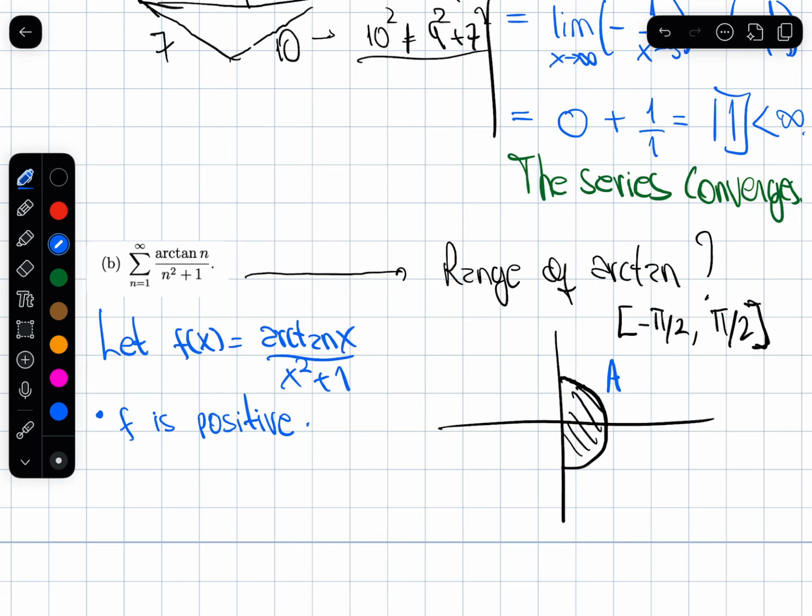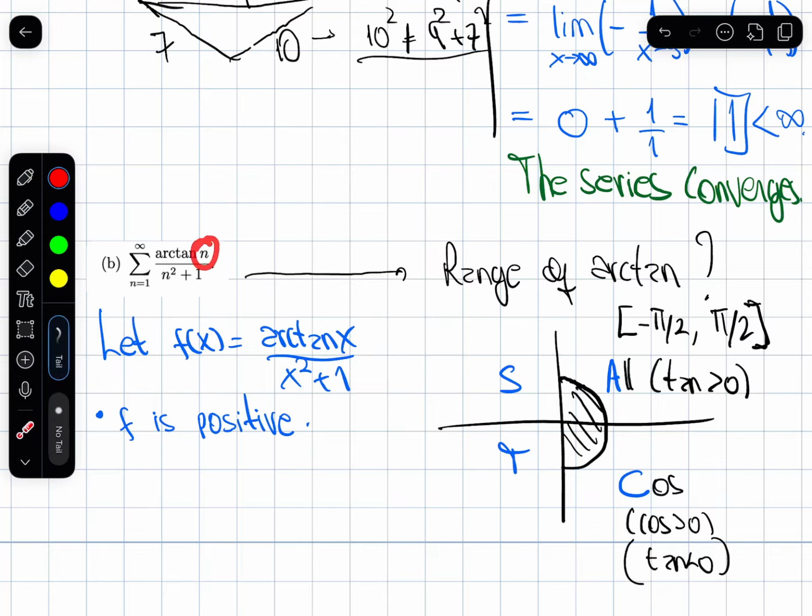So if you remember, all students take calculus here, all three basic trig functions are positive, so that includes tangent. So here tangent is positive, but here only cosine is positive, which means tangent is negative. So there's no way that by plugging some n in, I would get an angle here, a negative pi over 2 to 0, because for that to happen, that guy would have to have negative tangent, and I'm calculating the arctangent of a natural number, and natural numbers are positive, okay?